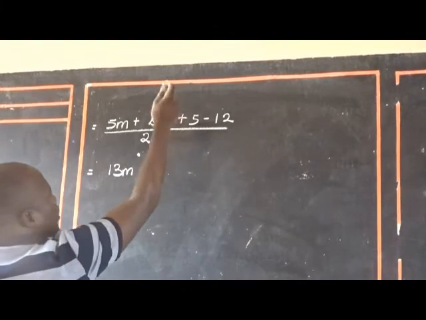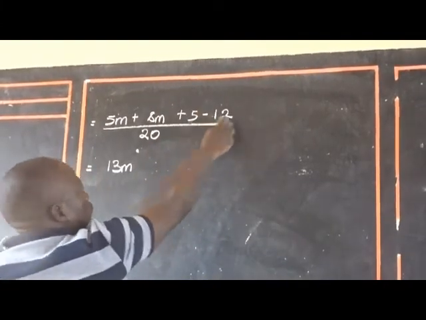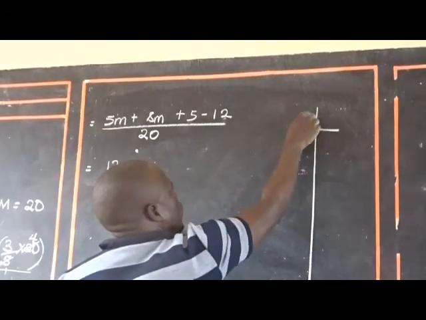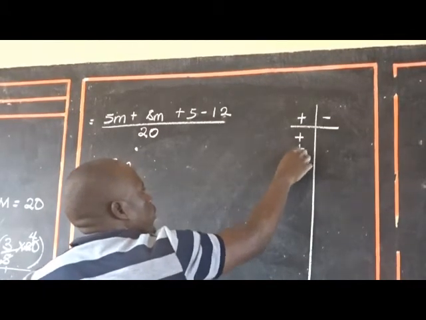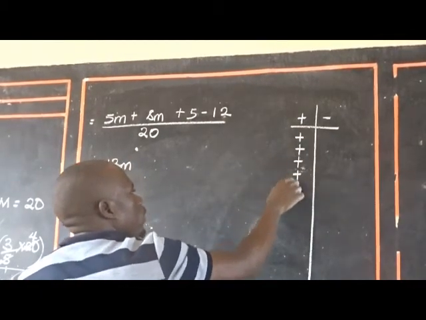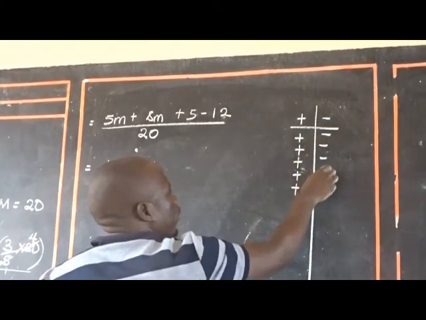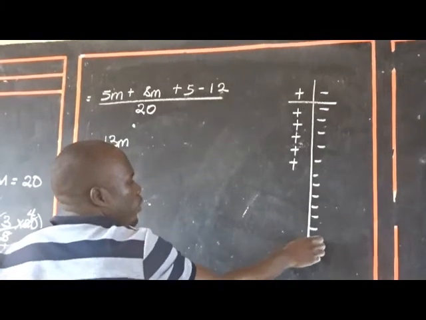Now we come here. This is a 5, which is a positive. This is 12, which is a negative. If we are to use our mapping method of positives and negatives, 5 are positives, 1, 2, 3, 4, 5. 12 are negatives, 1, 2, 3, 4, 5, 6, 7, 8, 9, 10, 11, 12.